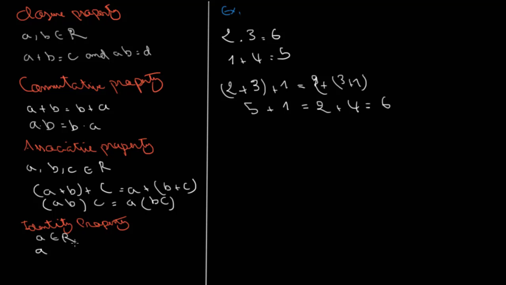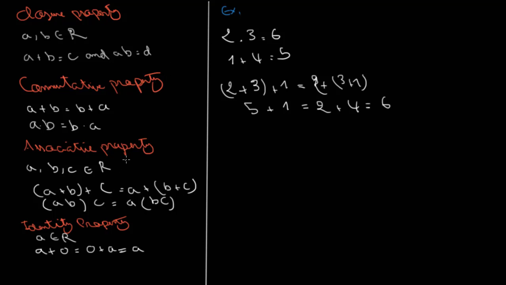What is the number that I will actually add to a to get the same number? What do you think it is? So the obvious answer is 0. 0 plus a equals a. And we say 0 is called the identity element for addition.